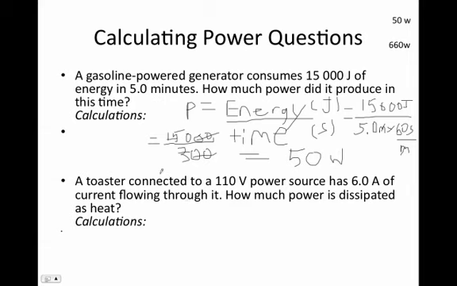Let's try this one. A toaster connected to a 110 volt power source has 6.0 amps of current flowing through it. How much power? Well, our other formula that we need to know for power is power also equals voltage of the object times current in amps.